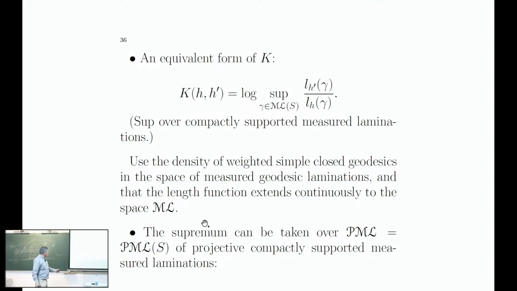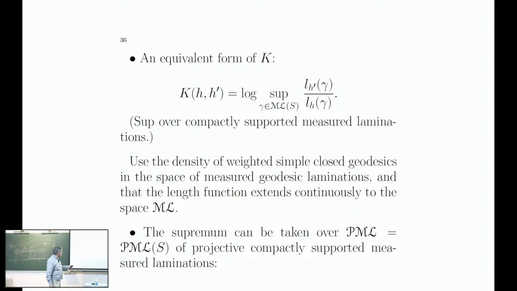Density of weighted simple closed geodesics in the space of measured geodesic laminations, and the length function of simple closed curves extends continuously to the space of measured geodesic laminations. So it means that the supremum here can be taken, instead of over simple closed curves, over the measured geodesic laminations.